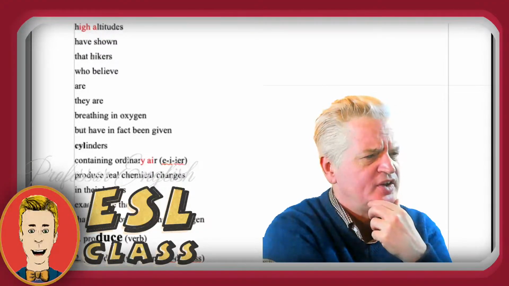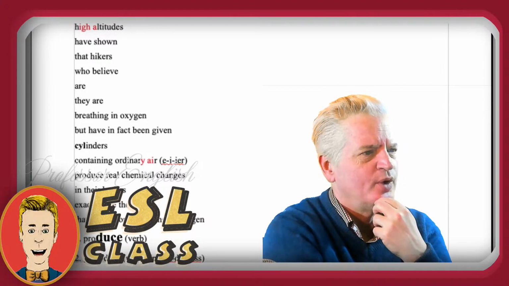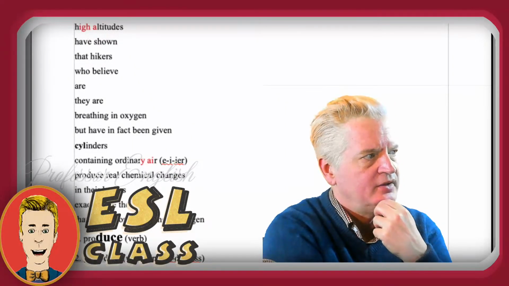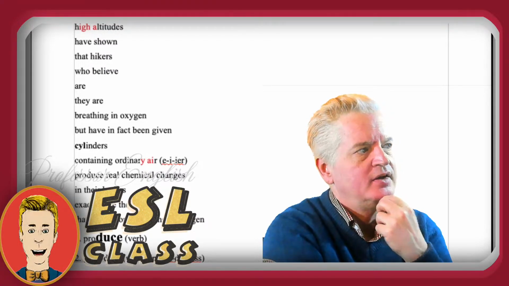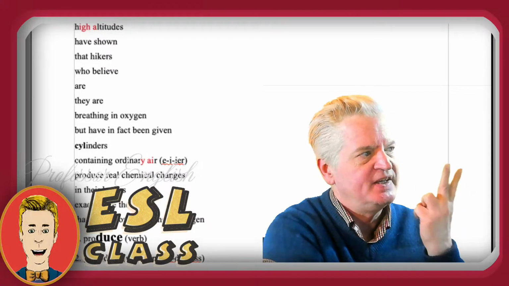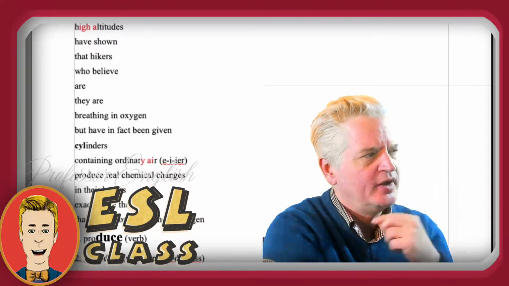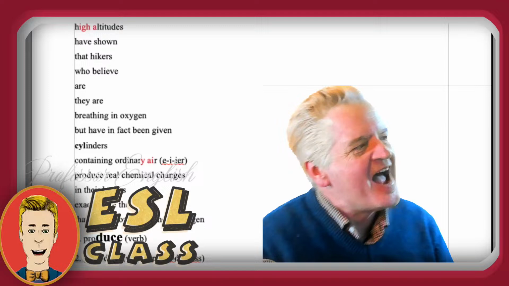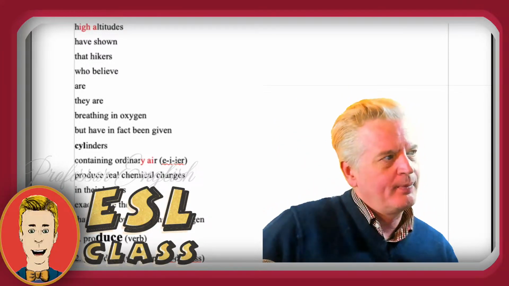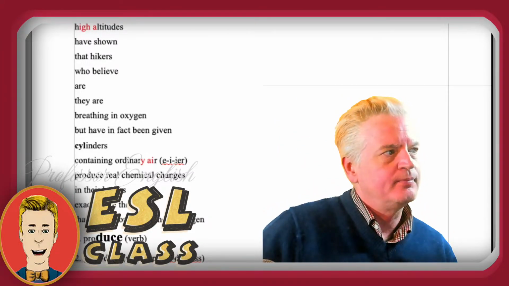Are those long sounds or short sounds? Those are short. But have in fact been given, been given. Say those three words together. Been given, the way I say it. They're short. But have in fact been given.